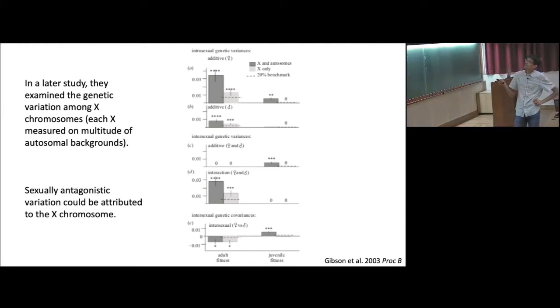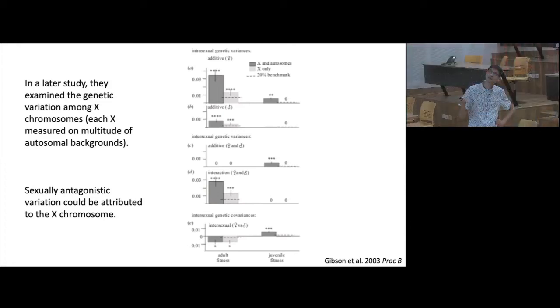What's shown in dark here is the effect of the entire haplotype, the X and the autosomes, and in the light gray, the X chromosome alone. And he put on this dashed line to represent the 20% benchmark, because essentially the X chromosome represents about 20% of the genome of fruit flies.